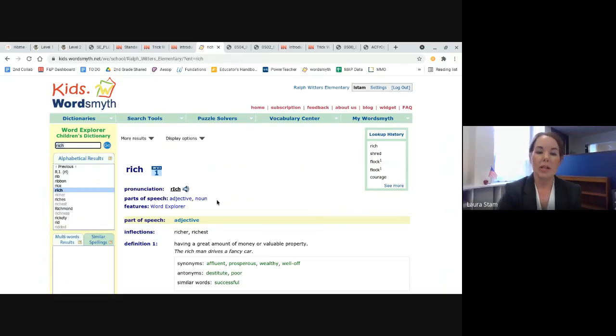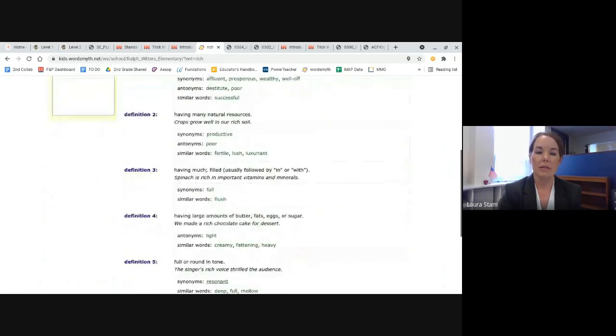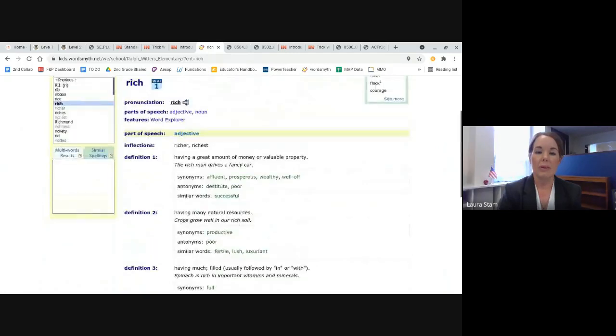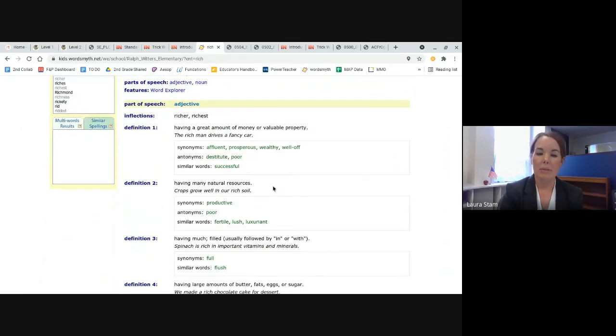And remember, rich had quite a few definitions. You've got 1, 2, 3, 4, 5, but a couple we talked about in our reading. One of them was rich soil, and we talked about how rich soil has a lot of natural resources, or it's fertile, lots of minerals.